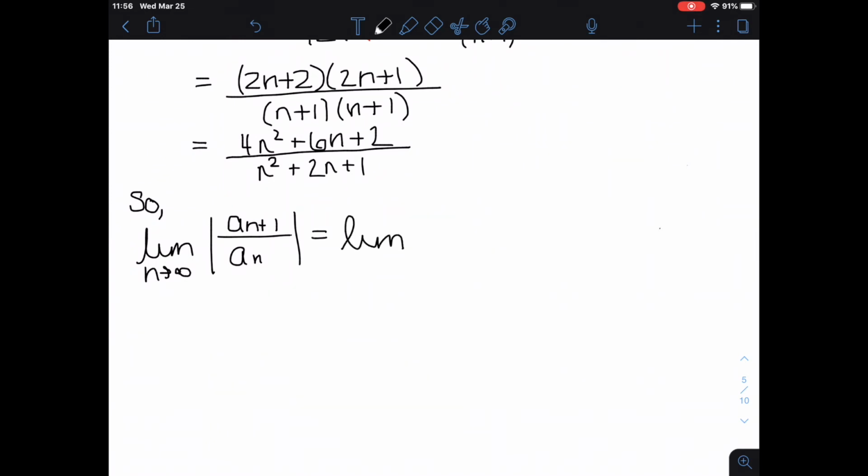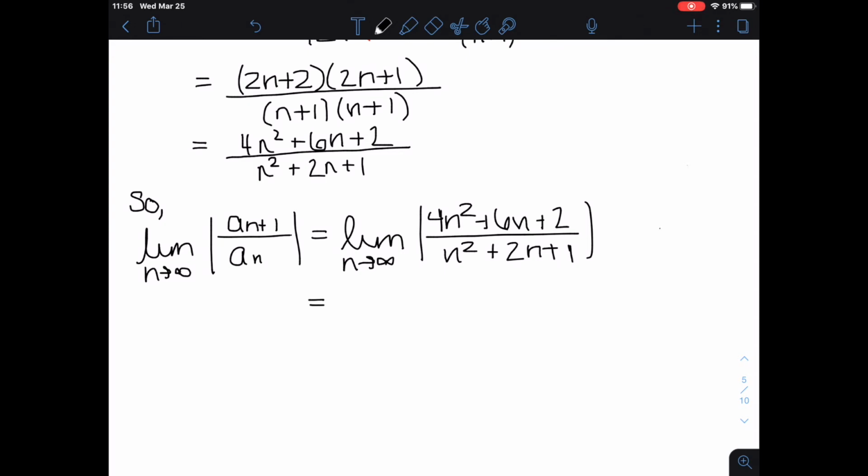So this becomes the limit as n approaches infinity of the absolute value of (4n squared plus 6n plus 2) divided by (n squared plus 2n plus 1). Okay. But the n's are positive, so this doesn't really matter. This is the limit as n tends to infinity of (4n squared plus 6n plus 2) divided by (n squared plus 2n plus 1). Okay.